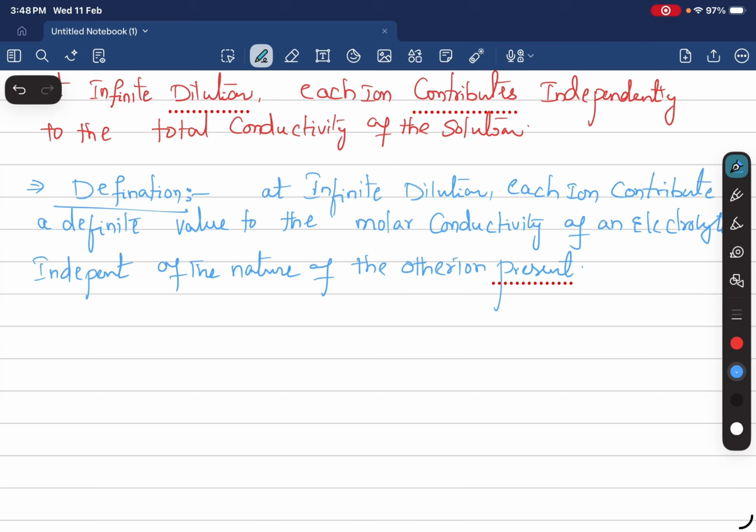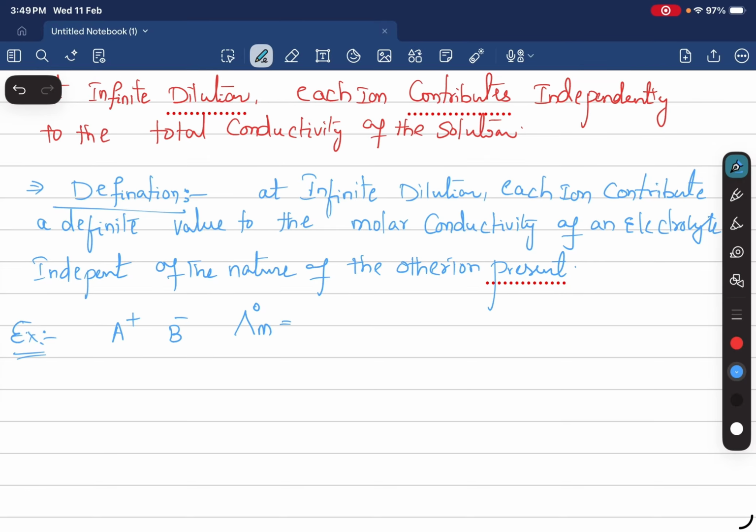To understand better, you can see an example. If an electrolyte dissociates into A plus and B minus, the molar conductivity at infinite dilution, lambda naught m, equals lambda naught plus plus lambda naught minus.